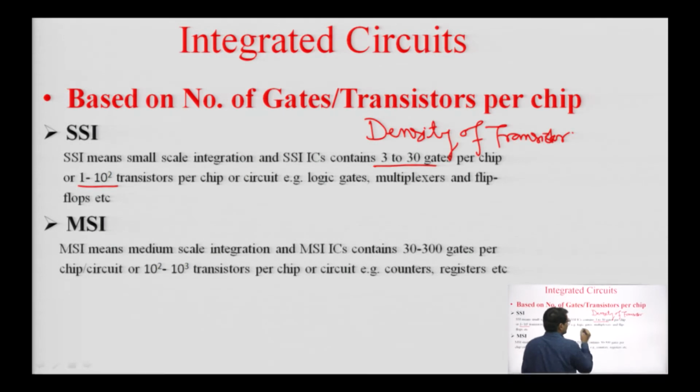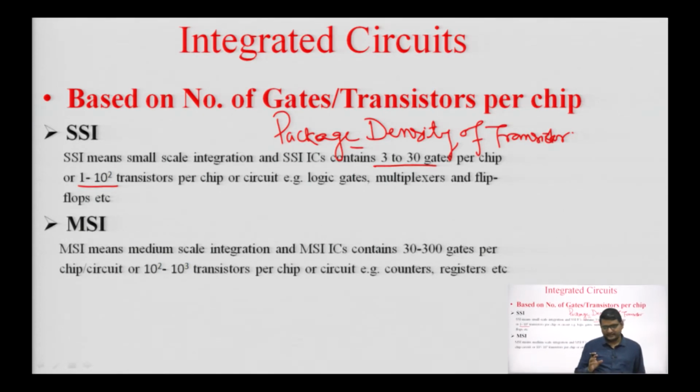In technical language, this is the package density of transistors. SSI means small scale integration, and SSI circuits contain 3 to 30 gates per chip, or 10 to 100 transistors per chip.